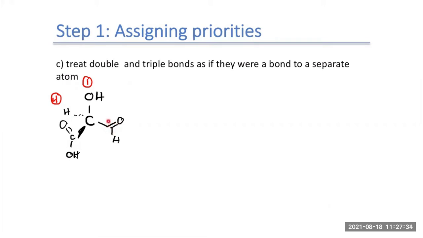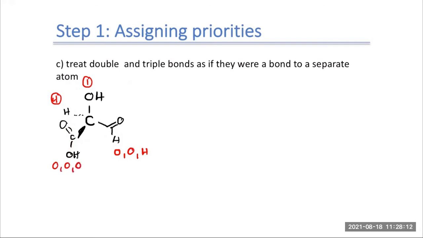This carbon has 2 bonds to oxygen, so I'll count its groups as oxygen, oxygen, and then I have a hydrogen here. Even though there's 1 oxygen here, there's still 2 bonds to it. That's why I write 2 oxygens. And if there's a triple bond, I would write 3 oxygens. So then if we look at this carbon here, I have a bond to an oxygen, a second bond to an oxygen, a third bond to an oxygen. So that'd be oxygen, oxygen, oxygen.